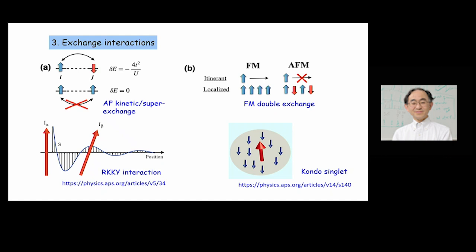Then it is outside of our low energy sector, right? So then we want to have this energy gain due to the second order process, right? t-square process. But it is possible only when these two spins are antiparallel with each other. We call this kinetic or superexchange interaction.